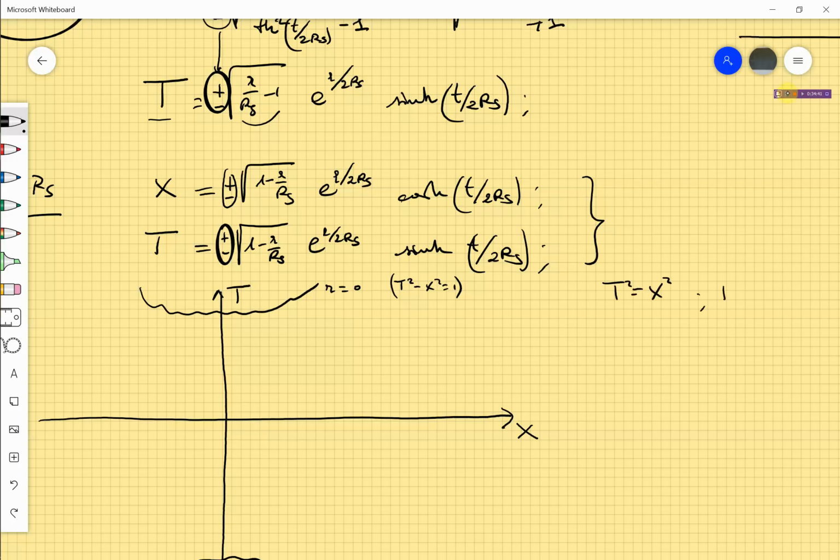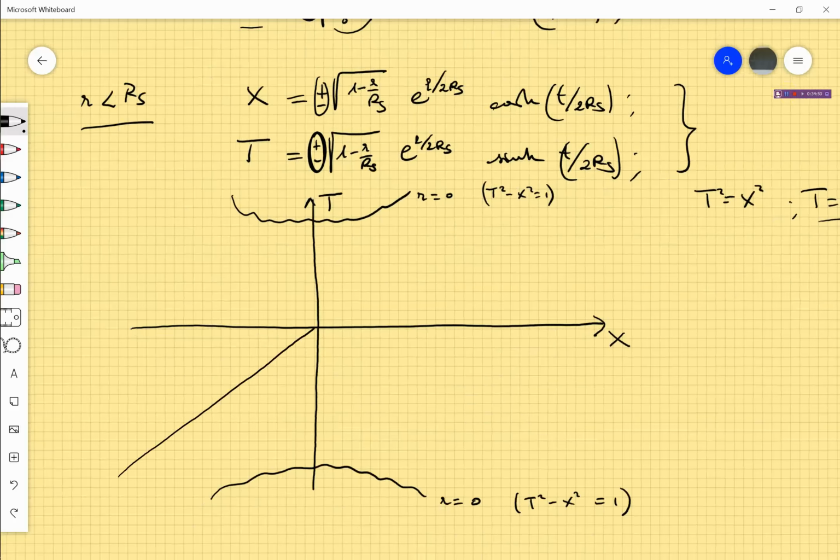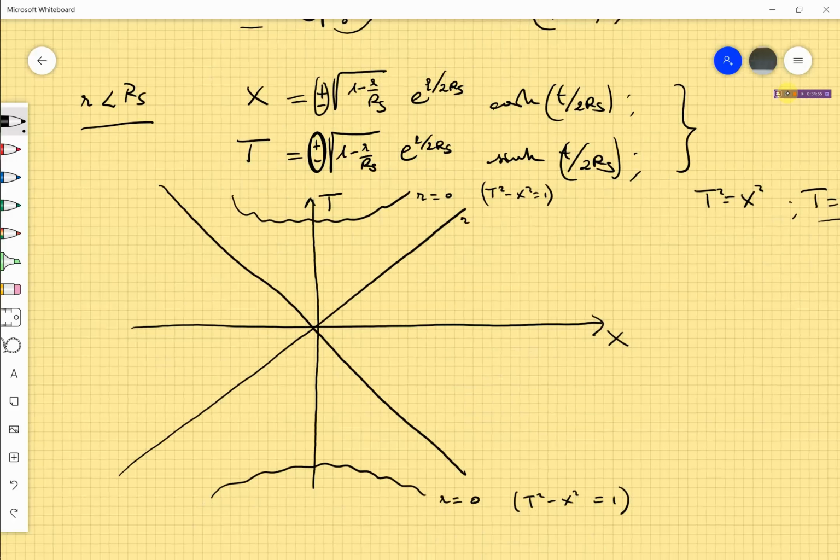This means that t is equal to plus or minus x. And these are these 2 lines at 45 degrees. So this is r equal to rs, but this is also r equal to rs.